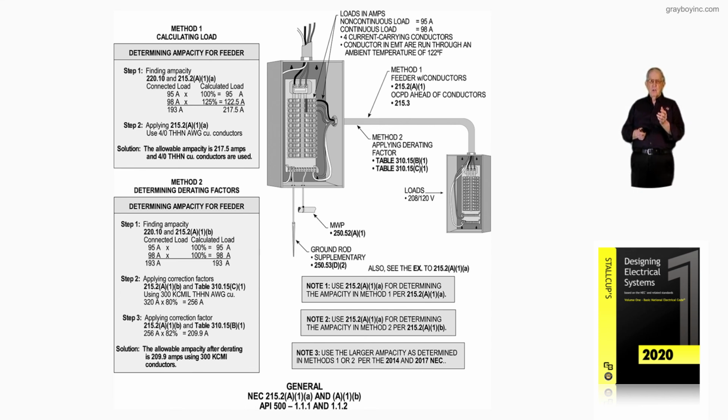So this shows applying diversity factors along with derating factors where you're not applying the 50% rule to half of the conductors, but to all the conductors, and that's what figure 8-16 is illustrating. Now we'll move to the next illustration.